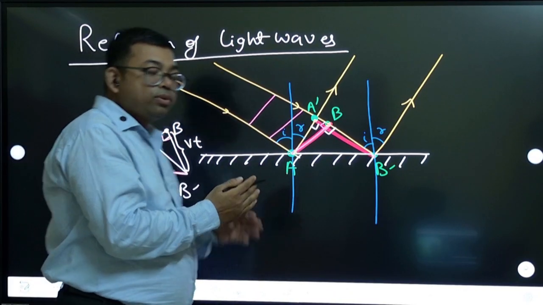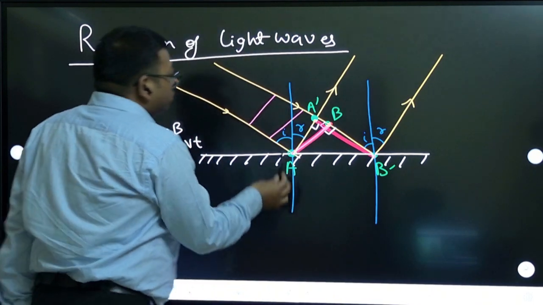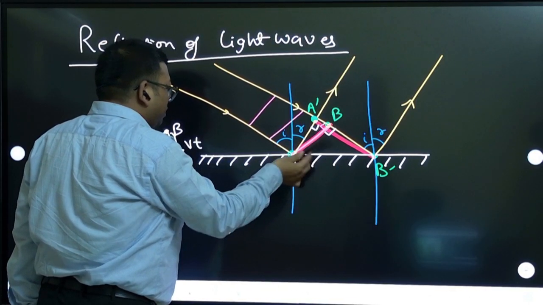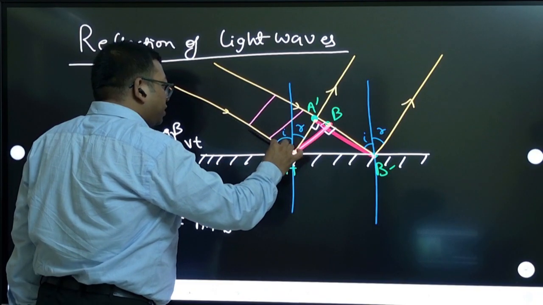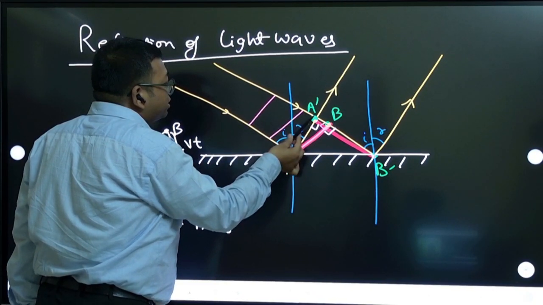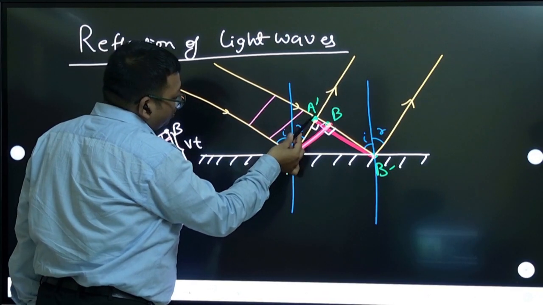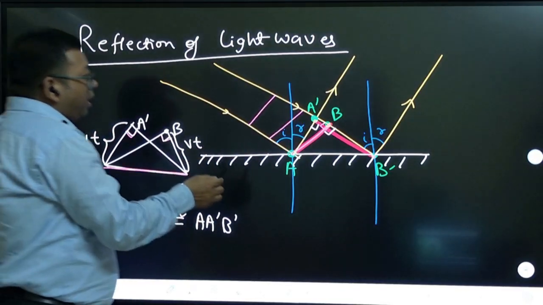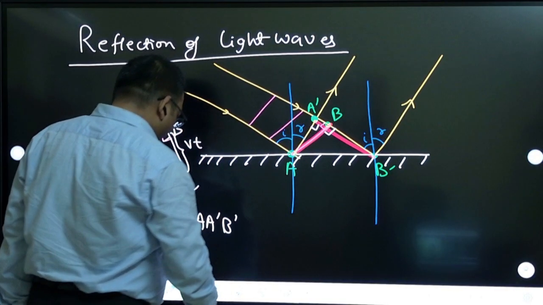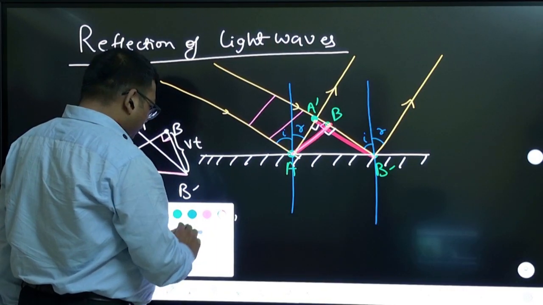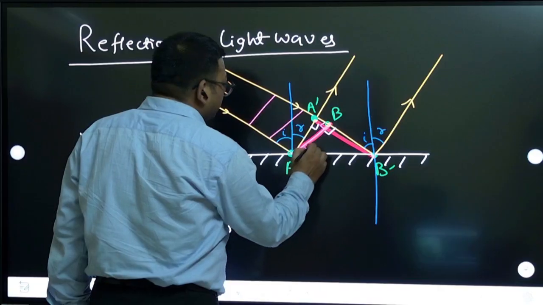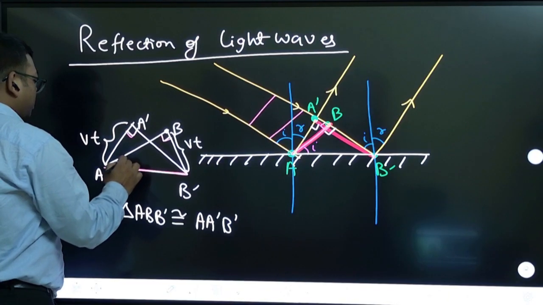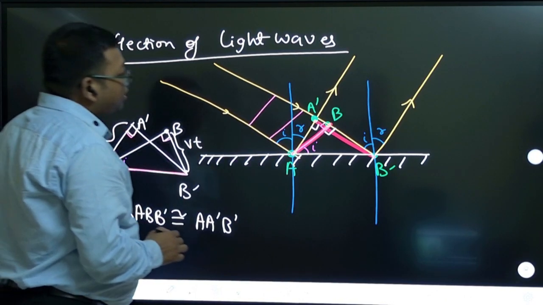The angle between two lines is the angle between their normals. Perpendicular to vertical is horizontal, AB dash. And AB is perpendicular to the incident ray. So AB and the vertical are going to make the same angle I. That is what we have to know. Similarly, what is R?